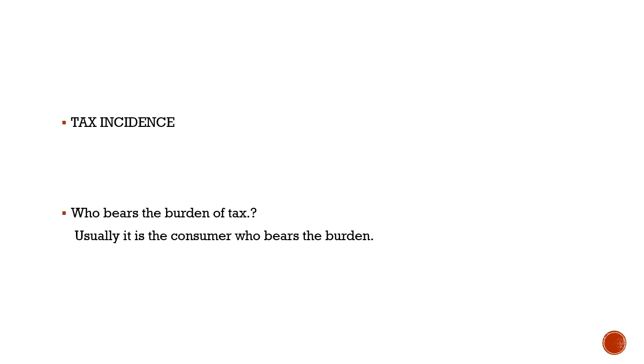The impact of tax imposition is represented by an upward shift in the supply of cigarettes. So, irrespective of what price the consumer pays, let's say the consumer is paying $3, $1.5 is, let's say, the tax amount. So 1.5 of that price must go to the government.